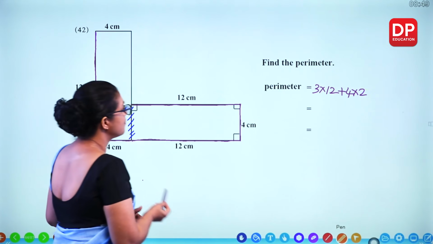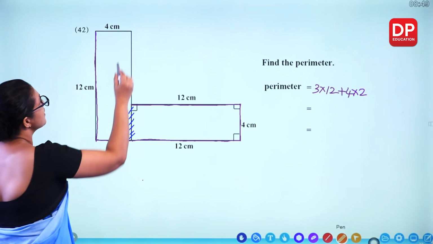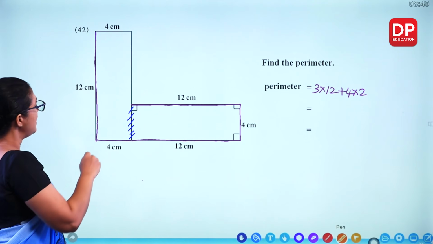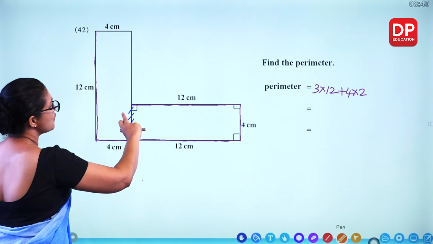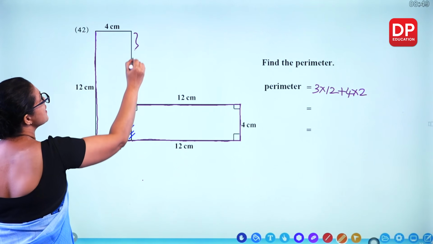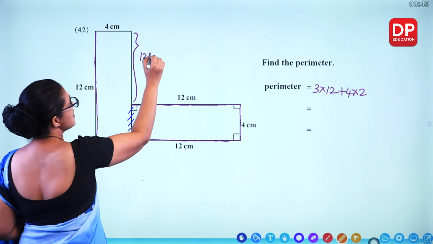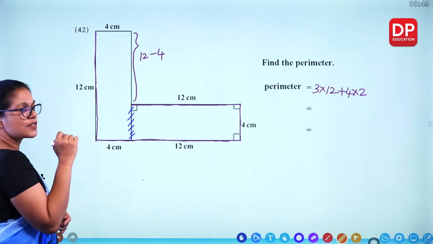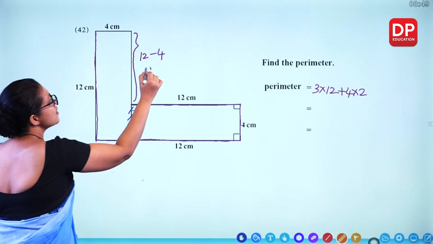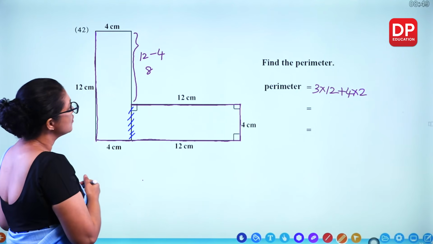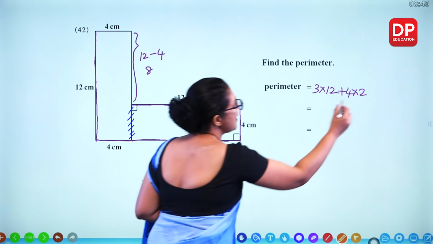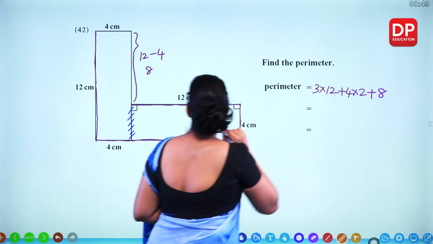Then what is this length? Now look carefully. This total length is 12 and this height is 4. So what's this length? 12 minus 4. 12 minus 4 is 8. You get 8 centimeter length for this one. So you need to add that length here.